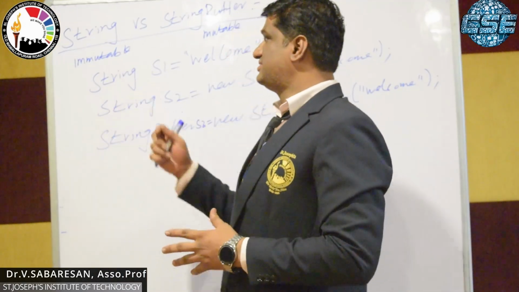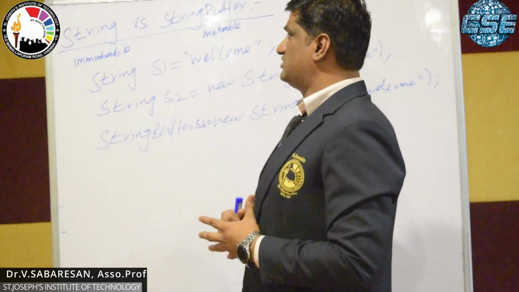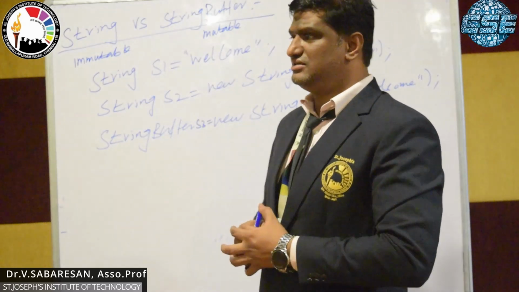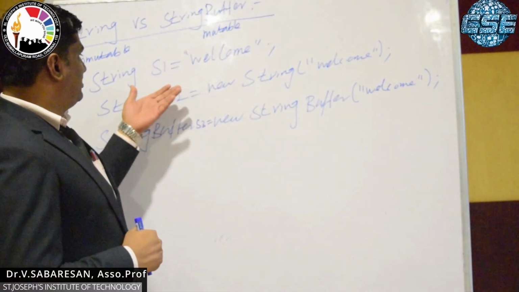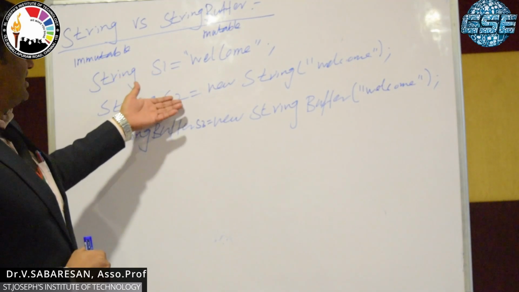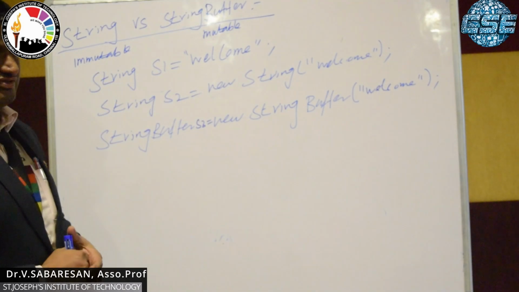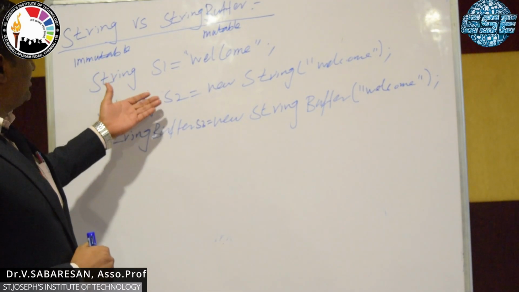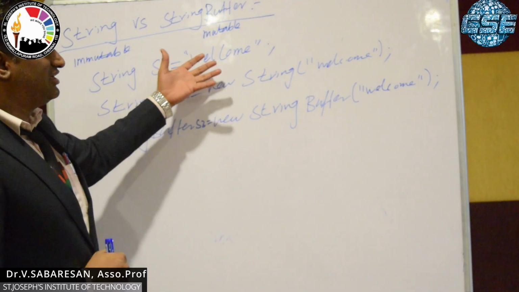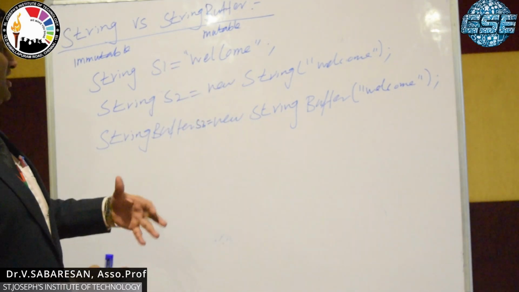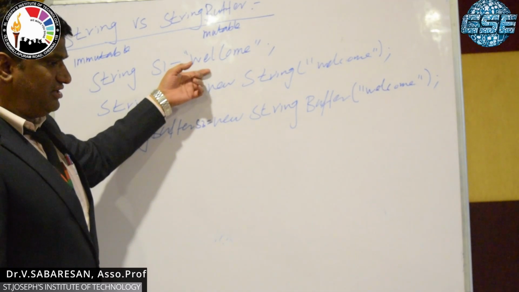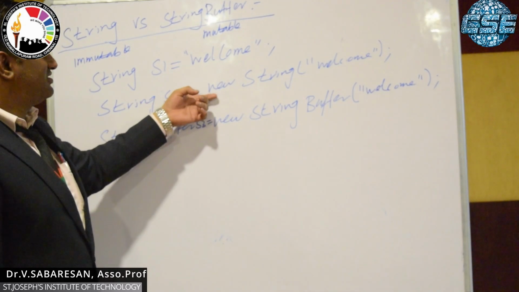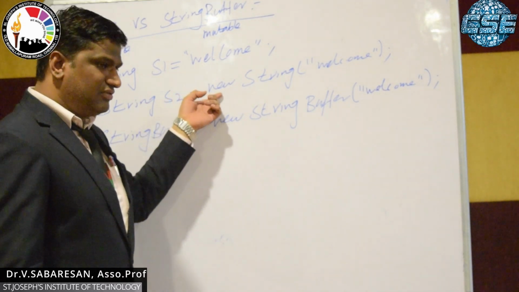Now let's discuss the difference between the String and StringBuffer classes. First, the values s1 and s2 we created belong to the String class. In a String, you can create with the help of two different ways, which we discussed previously: with string literals and with the help of the new keyword.